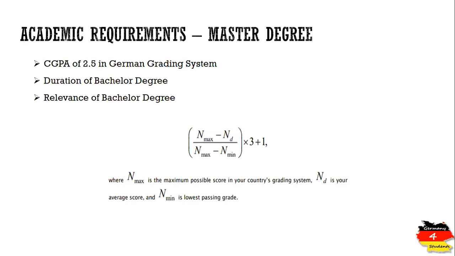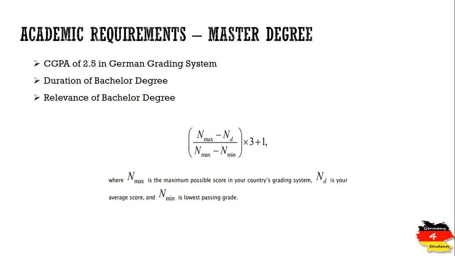Most of the subjects get exempted if you have performed well in them and the course content is also matching. Now the next academic requirement is that your bachelor degree should be relevant to the master degree that you are applying for.